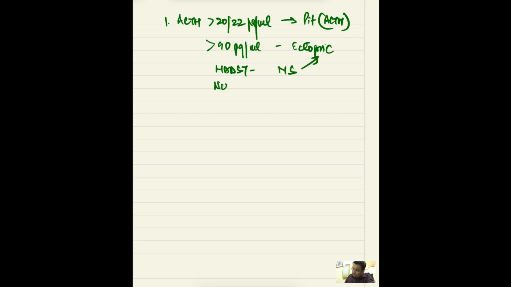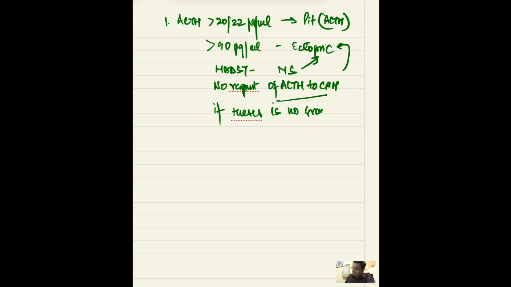If there is no response of ACTH to CRH, it is an ectopic cause. If there is no gradient in IPSS, inferior petrosal sinus sampling, it is an ectopic cause.